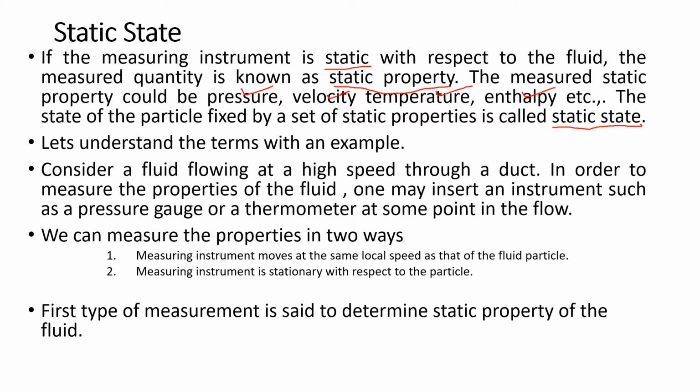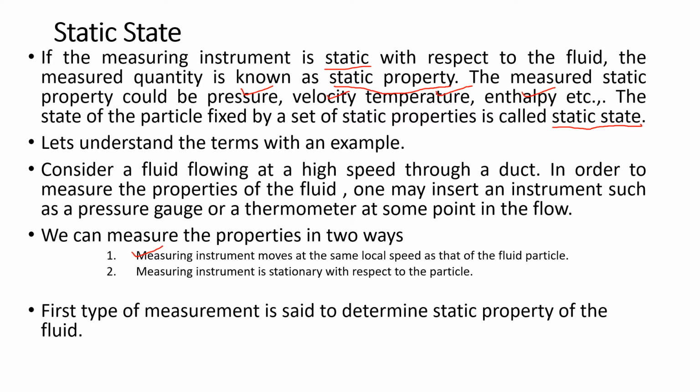Now let us understand this term with an example. Consider a fluid flowing at a high speed through a duct. In order to measure the properties of the fluid, one may insert an instrument such as a pressure gauge or thermometer at some point in the flow. Now, we can measure the properties in two ways. The first one is the measuring instrument moves at the same local speed as that of the fluid particle.